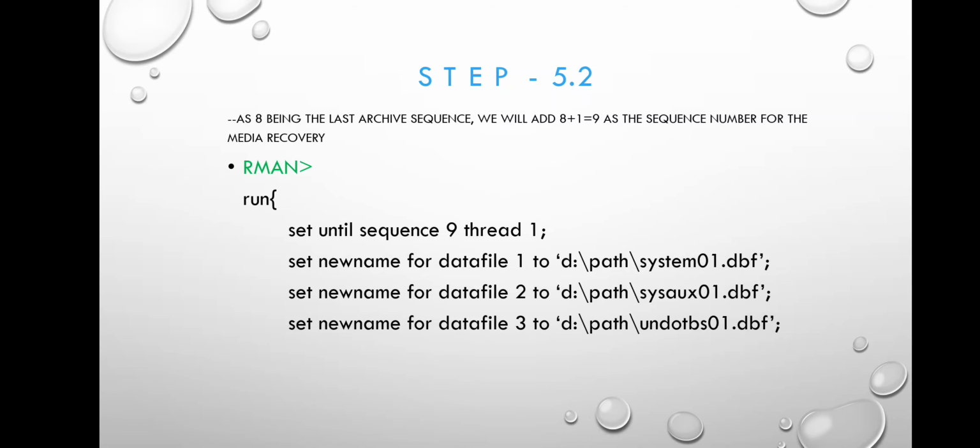So open RMAN again and write a script this time so we can run multiple commands together. So under the run command, set until sequence number 9 and set new names for data files 1, 2 and 3. Be very careful and mention correct paths and file names.